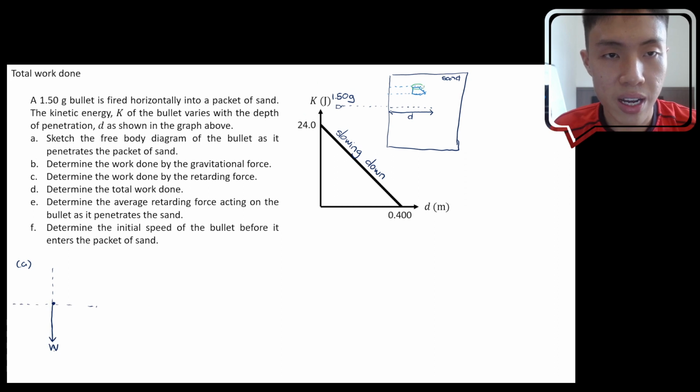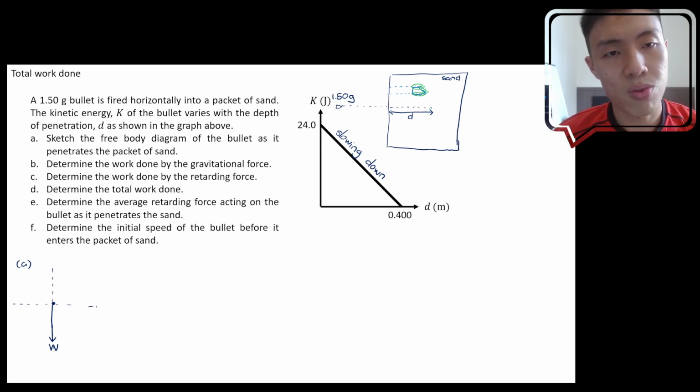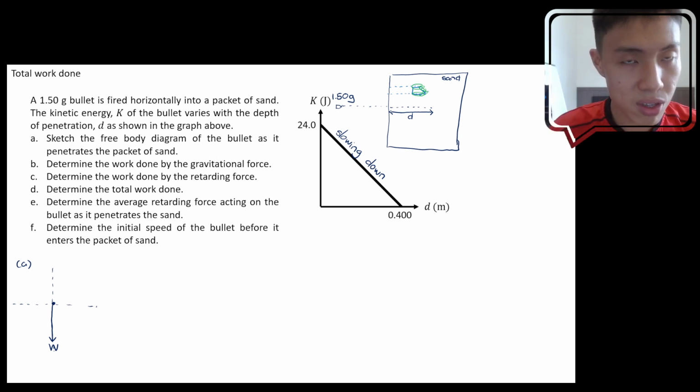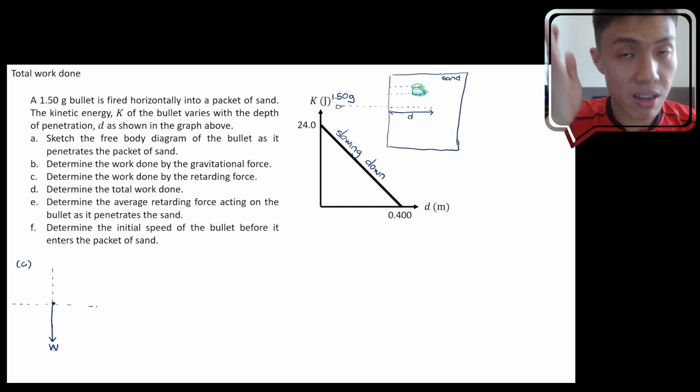You have contact up, you have contact here, you have contact here, you have contact here. There's a lot of contact here. So how should we simplify the situation? We can actually simplify it into a situation in which there's a lot of contact in the horizontal component, and there's a lot of contact in the vertical component.